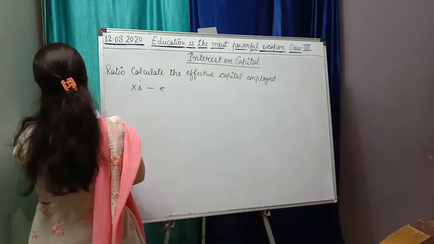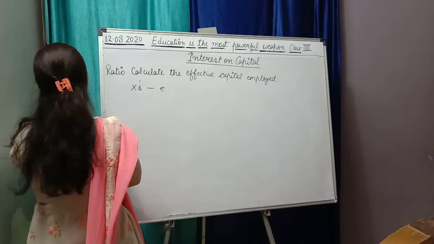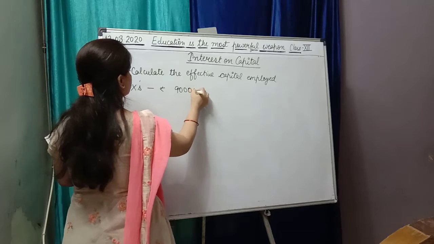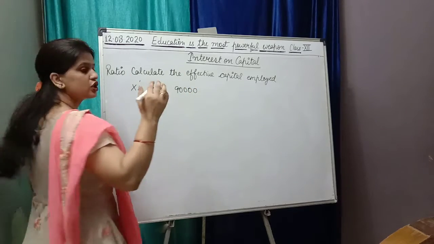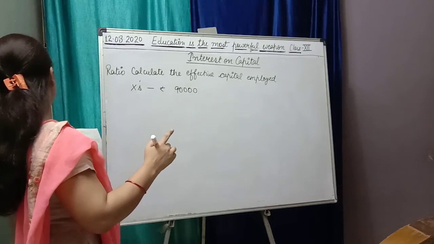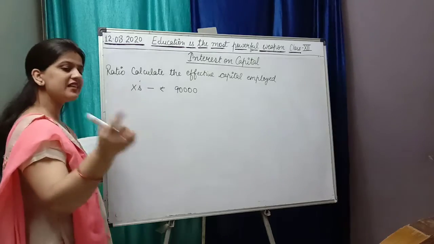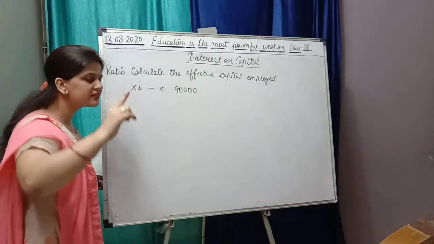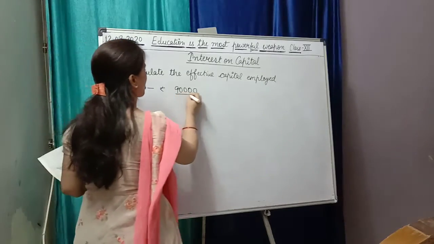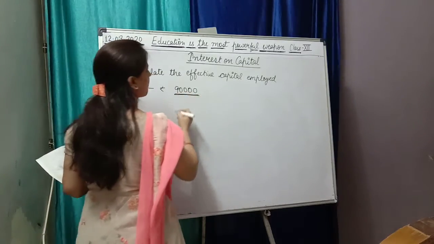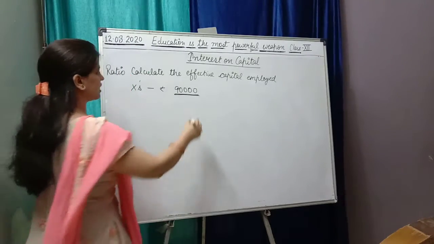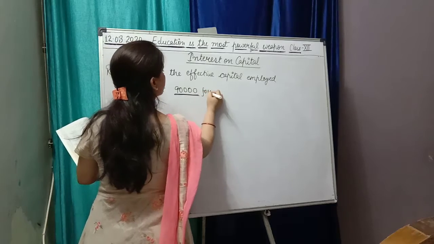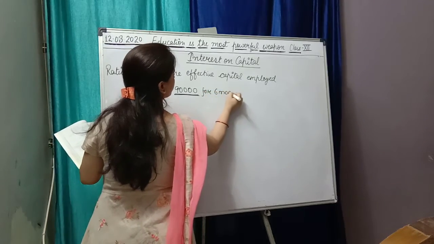X contributed 90,000 rupees in the beginning, but after 6 months, so this capital is for 6 months. 90,000 for 6 months.